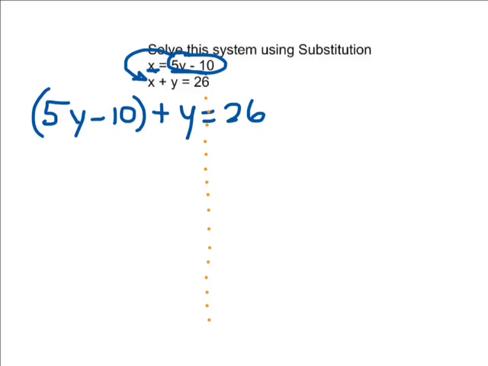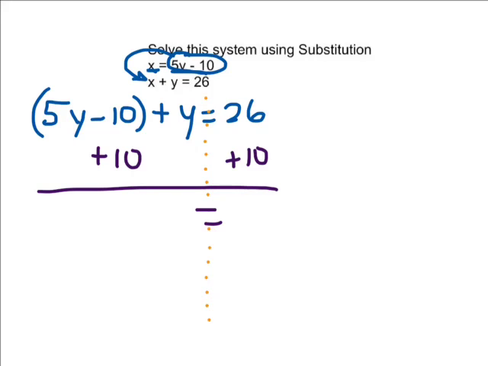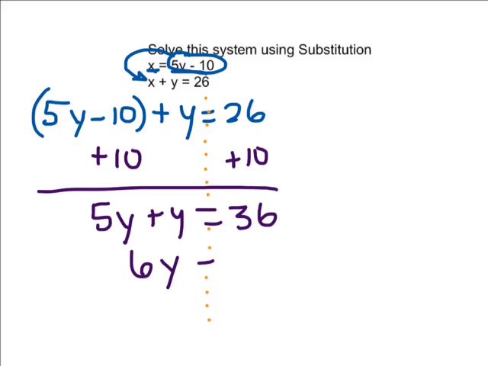So add 10, add 10. I'm left with 5y plus y equals 36. That's 6y equals 36. Divide by 6, divide by 6. Y is 6.